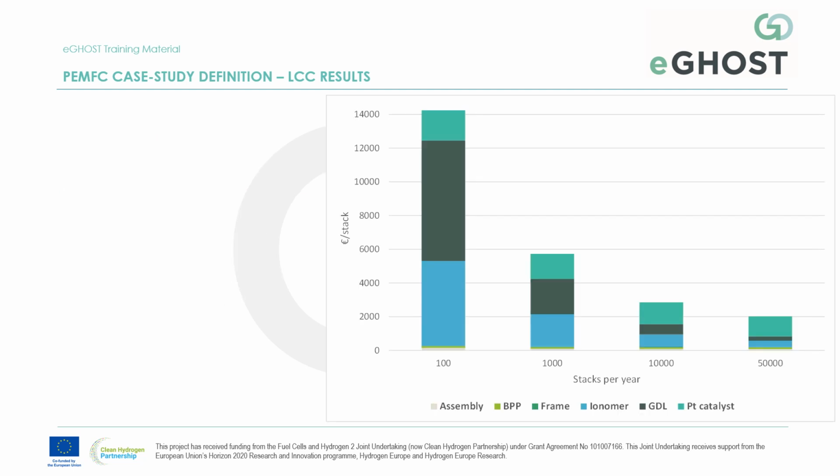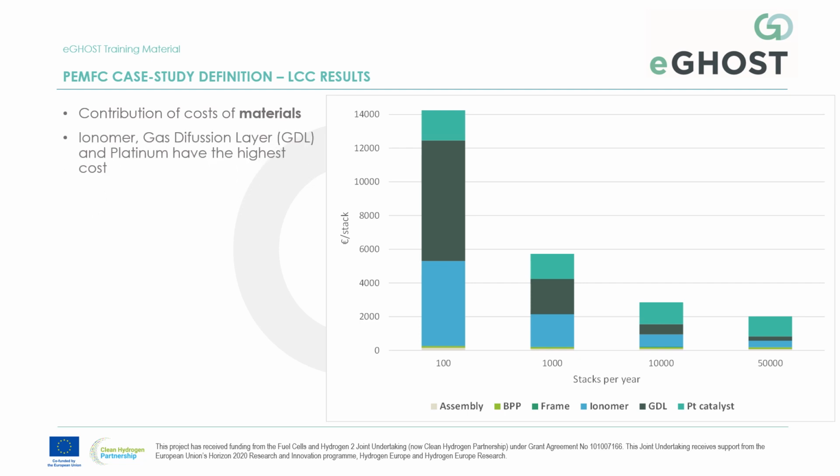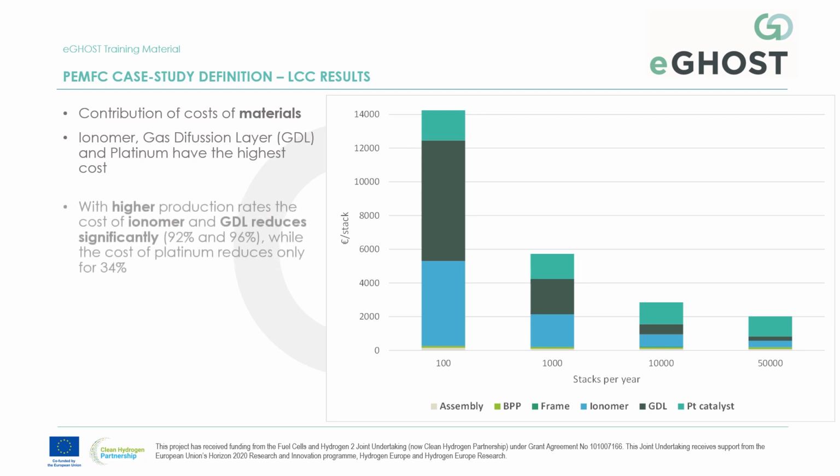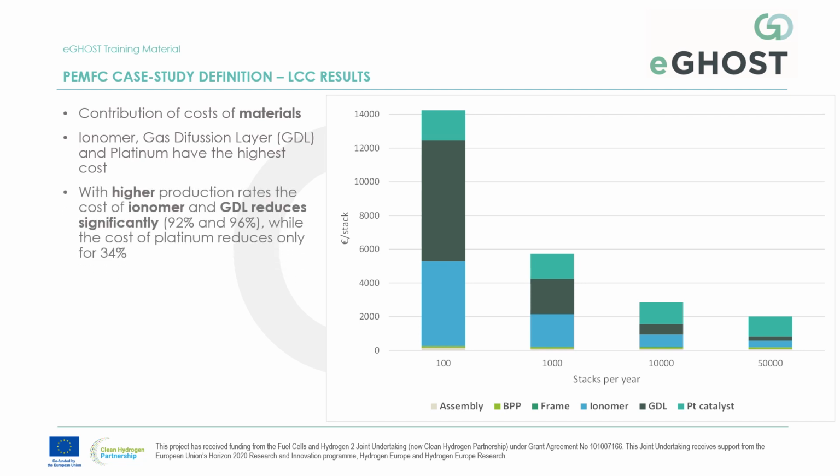So yeah, now let's check how each material contributes to the material cost for the PEM fuel stack. And yeah, as you can see, the ionomer, gas diffusion layer, and platinum has the highest cost. Also, the shares of the cost changes with higher production rates.